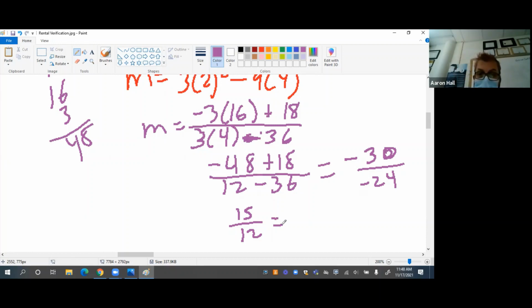Three, 5. So they're both divisible by 3, right? How many times? Then 5 over 4. Yeah, 5 over 4. Yeah, looks good. What does this represent, Eileen? What is 5 over 4?